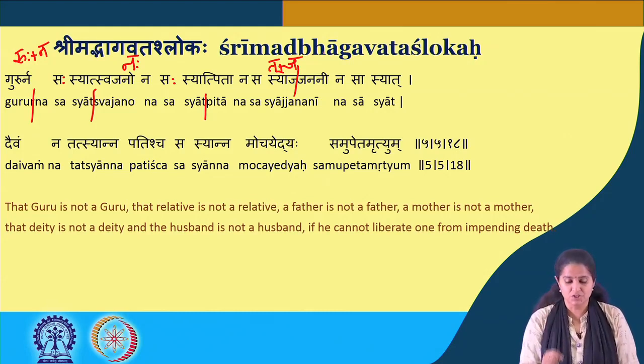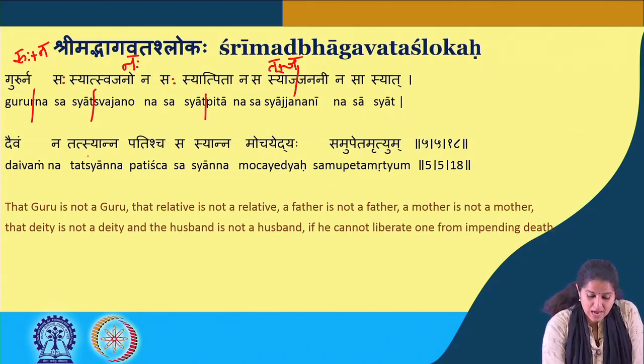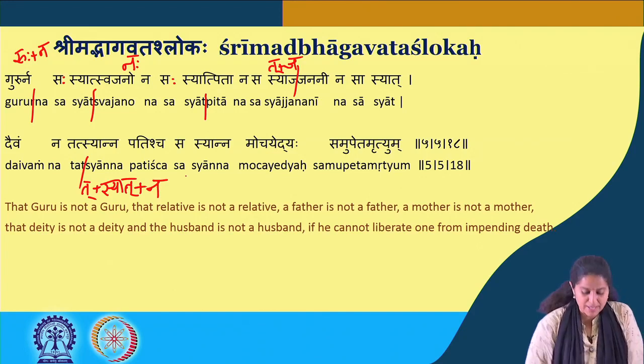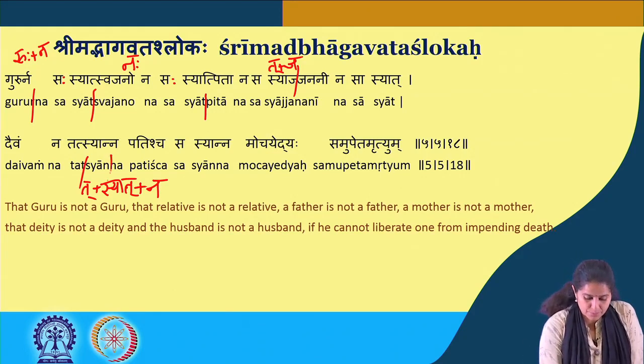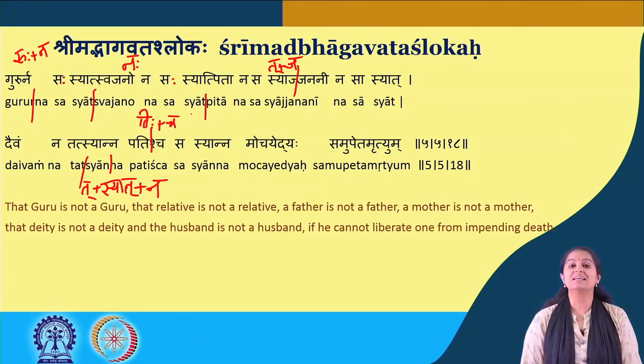There is a doubling of the ja there, na sasyat, daivam na tatsyan, so tat plus syat plus na. Okay, and then you have, so here again there is a break, patishcha. So patishcha is also patihi plus cha, patishcha sasyan.